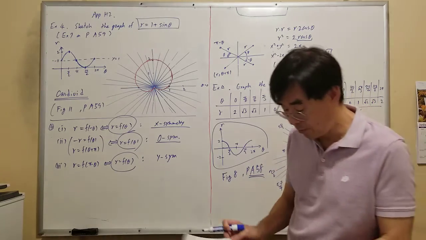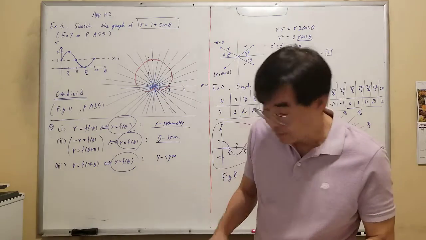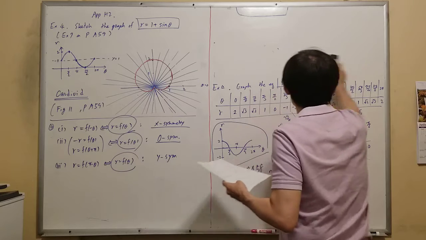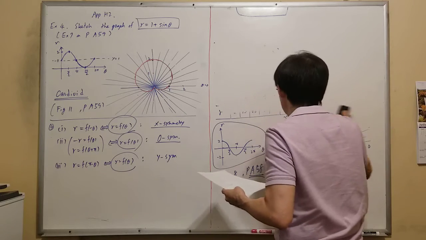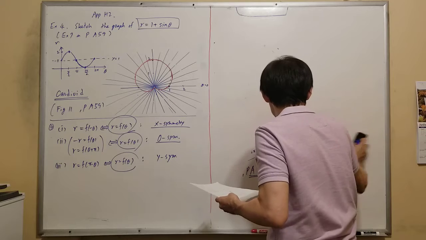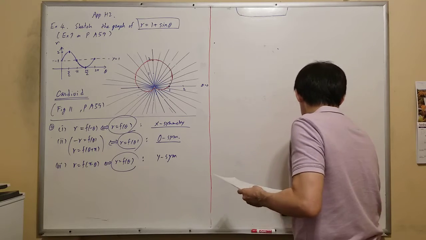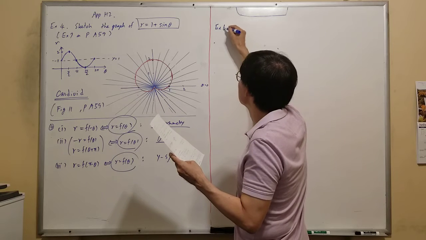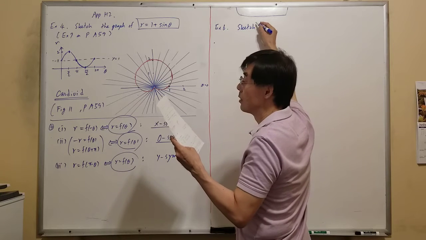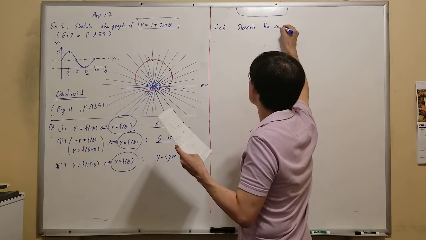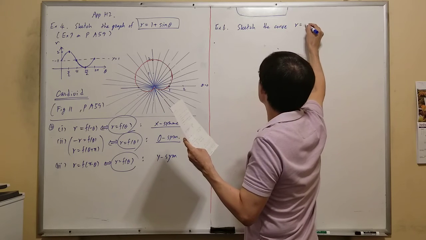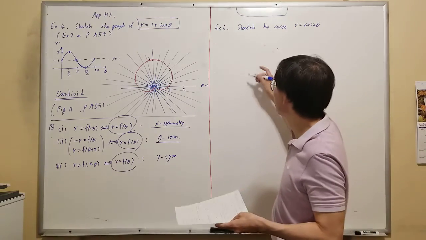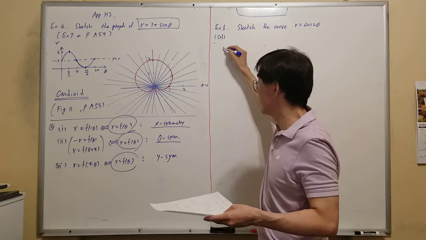Now, let's do the following example. Example 6. Sketch the curve r equals cosine of 2 theta. Okay, first of all, let's check some symmetries in this case.